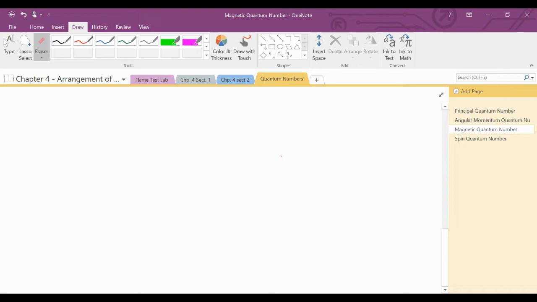So when we get to chapter 5 and look at the properties of elements on the periodic table, the properties are divided up by blocks. And the blocks of the periodic table are labeled by what sublevel is being filled by the electrons in that element.